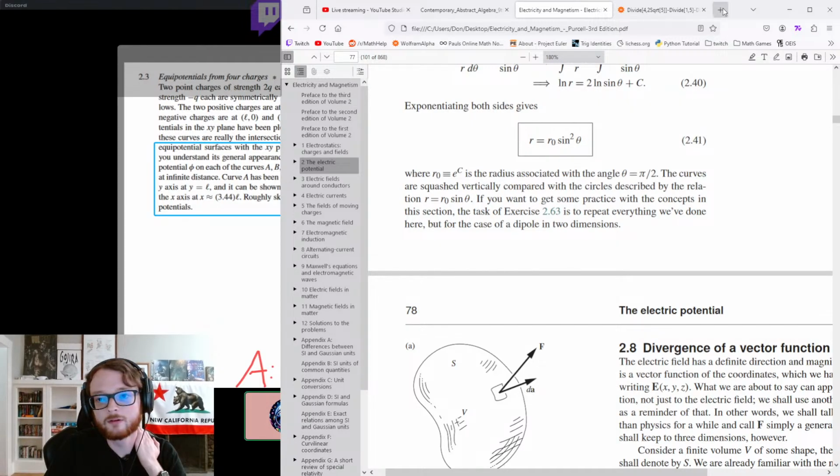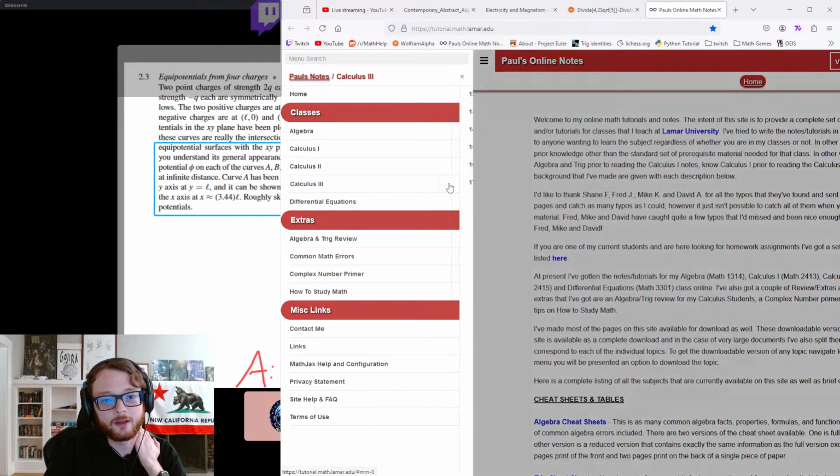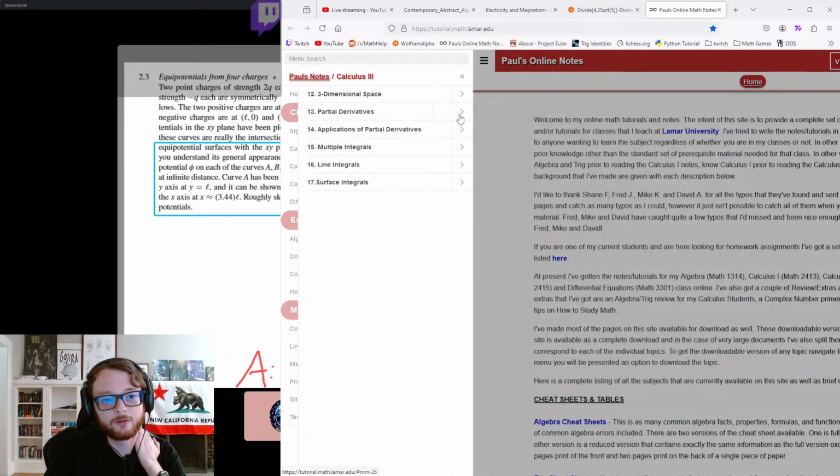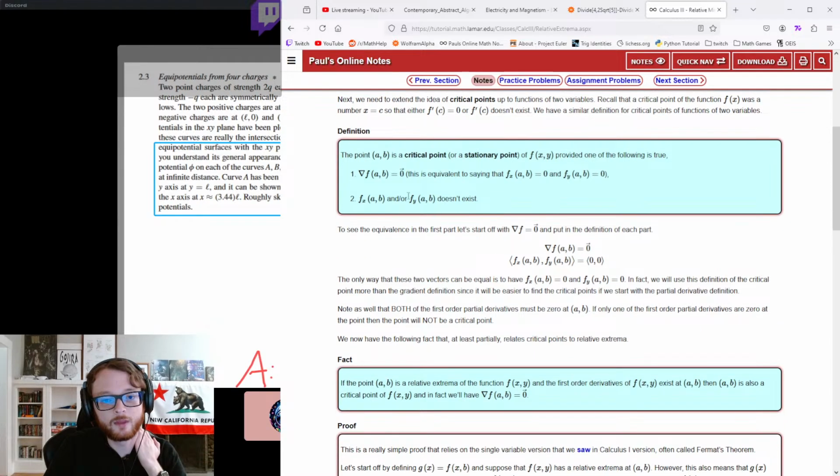I think any critical point has all 0 for the gradient.